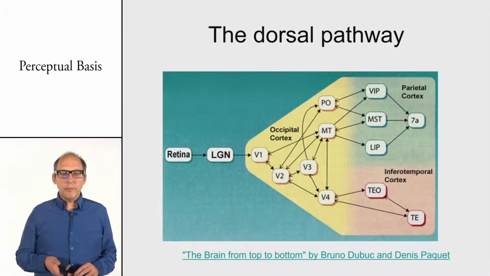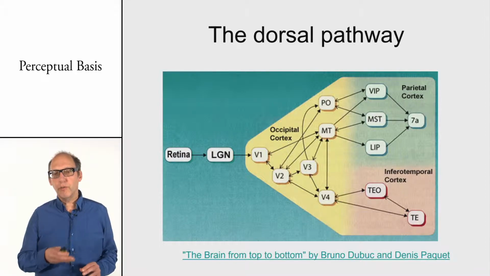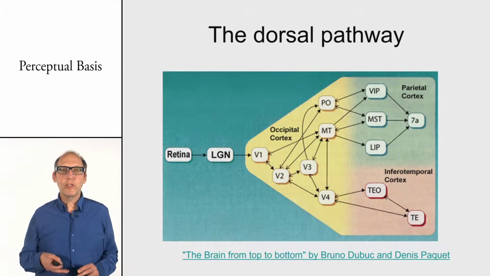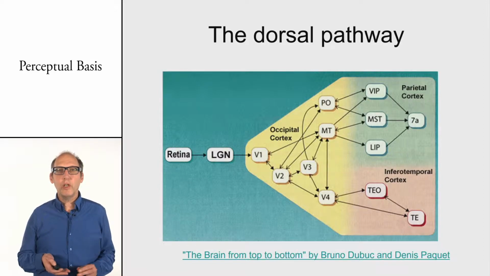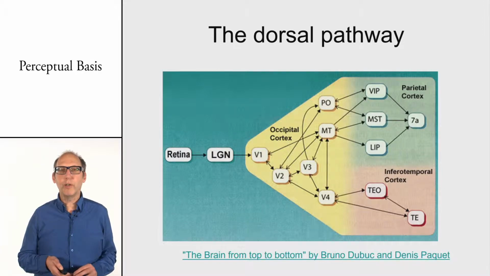So what you see is that the dorsal pathway is divided in a pre-processing step that is looking for different edges and patterns, and that's split up in the parietal cortex and in the inferotemporal cortex. One of them is very sensitive to movement, the other one is very sensitive to shapes, and you see that the pathway is split up further and further in more and more specialized areas.